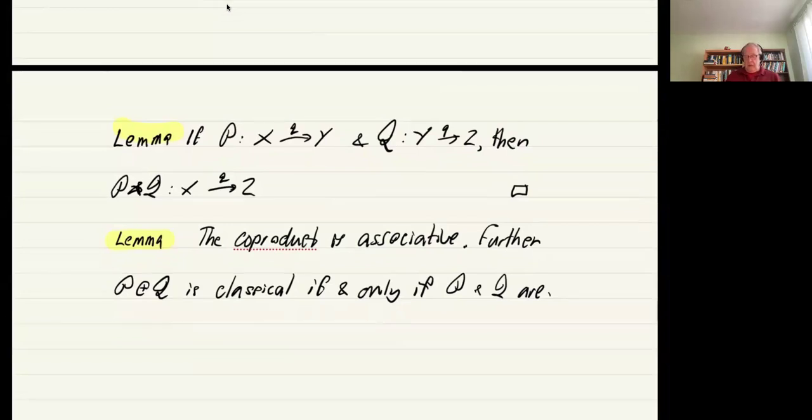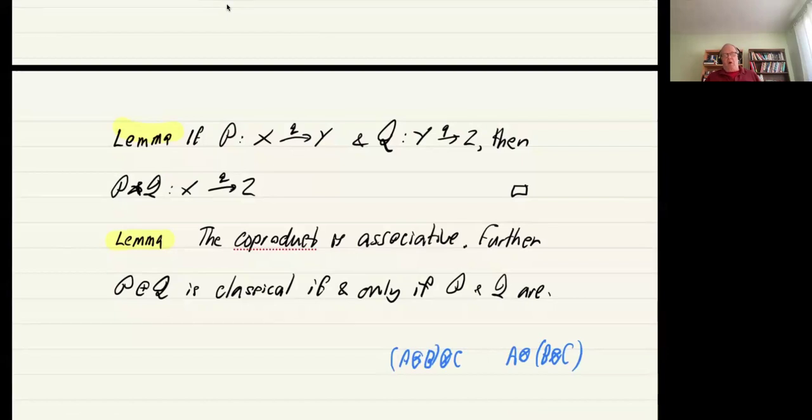Now, the only issue there is you have to identify things like A tensor B tensor C. Now, as far as the exercise is concerned, you can be sloppy and pretend those two things are equal. Technically, they're not. There's an isomorphism, but you don't need to worry about them.